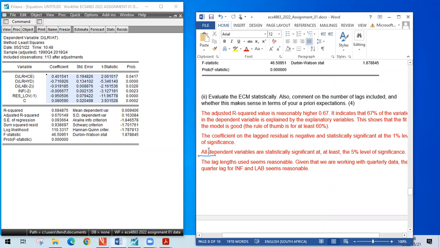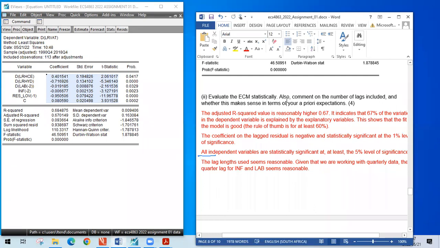Independent variables. Imagine we copy each other and everyone is having this same mistake, all dependent variables, and you are the one who is marking. How would you feel? You can see that people are copying each other, right? So we are saying all independent variables are statistically significant at least at the 5% level of significance.